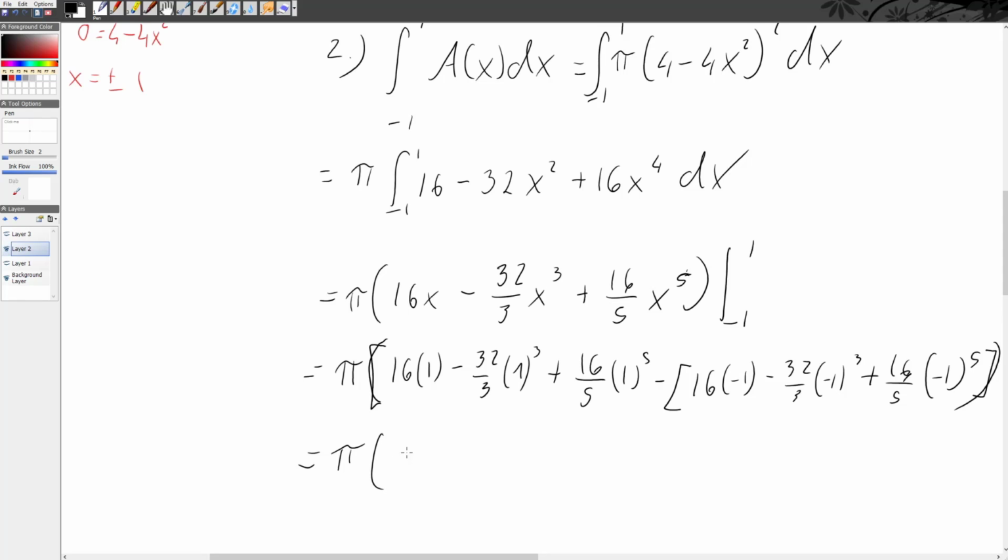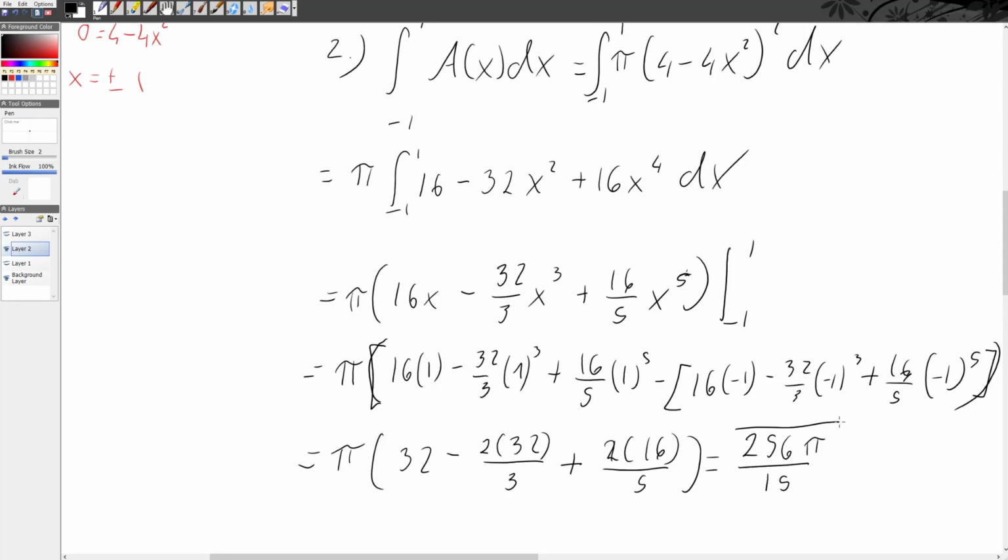You are going to get 32 minus 2 times 32 over 3 plus 2 times 1 over 5, and we work all of that out, and all of that is going to give us 256 pi over 15.